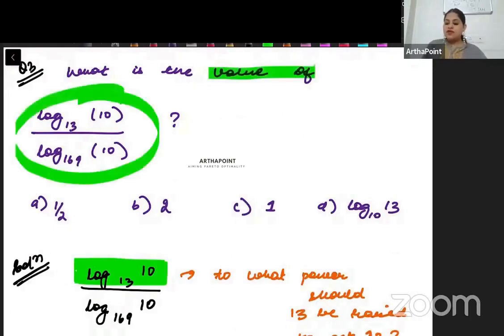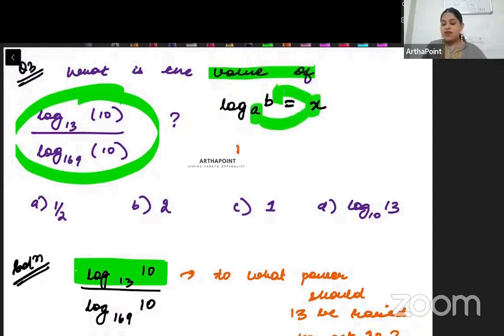Now beta, we know that when I say log b to the base a is x, I am asking to what power should a be raised to get b. So a when raised to the power x will be b.